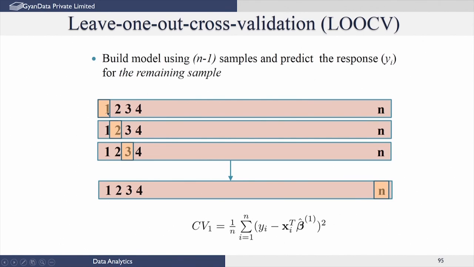For example, you would have got an MSE when the first sample, second sample and third sample were left out; you accumulate these and take the average. You do this repeatedly for every choice of the parameters in the model, for example the linear, the quadratic, the cubic and so on, and you get the mean squared error or cross validation error for different values of the parameters, which you can plot.